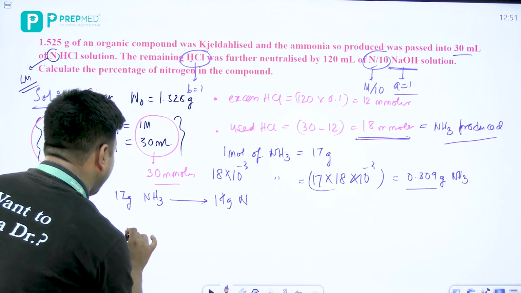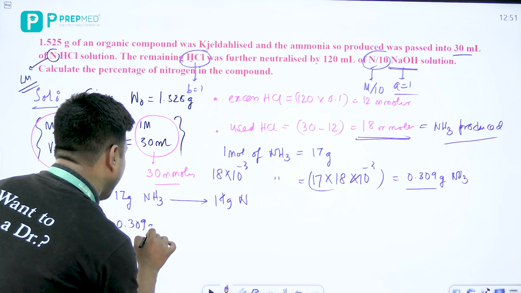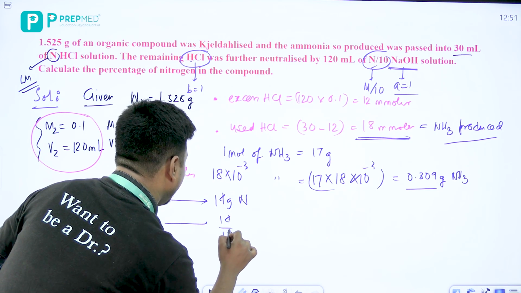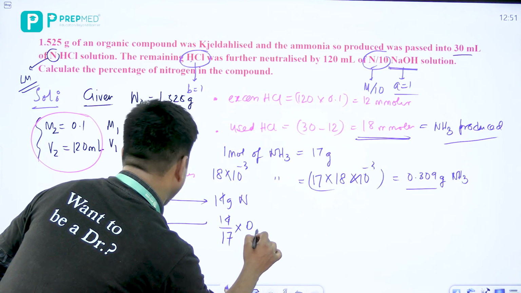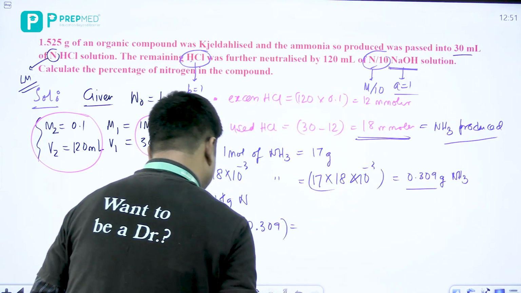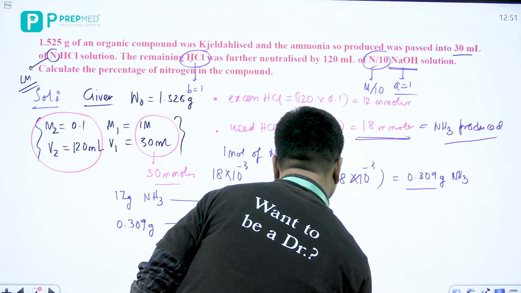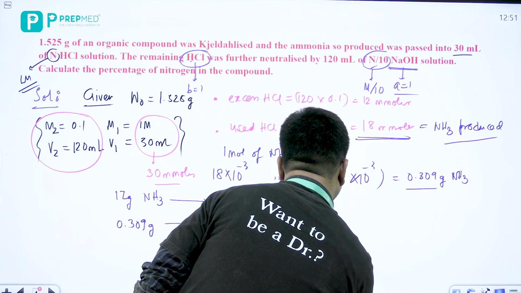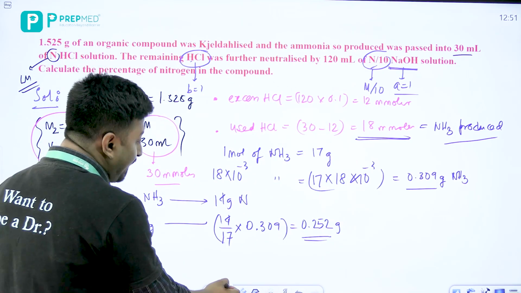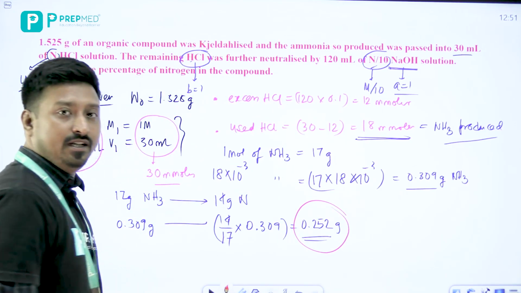So if I go by that logic, then 0.309 gram ammonia contains 14 by 17 multiplied by 0.309, that is equal to, which will come, 0.252 gram of nitrogen. That means here we have already calculated the amount of nitrogen present in the organic compound.